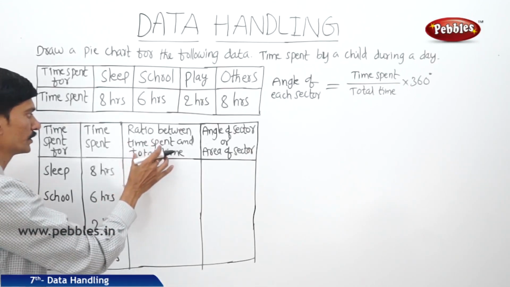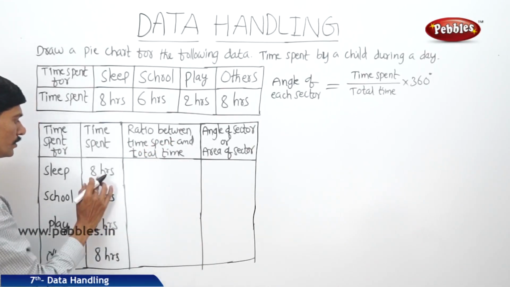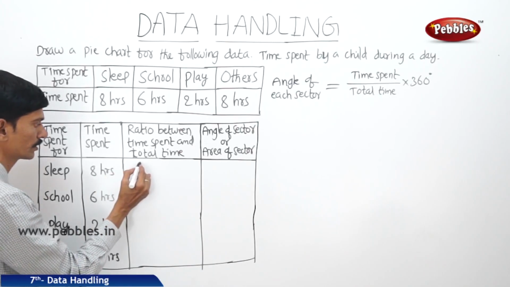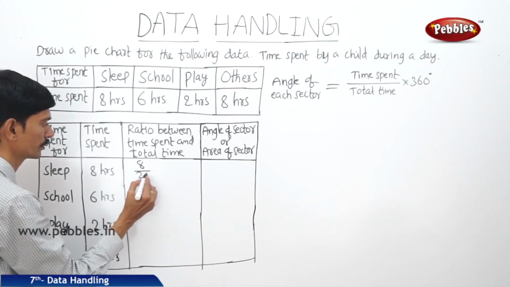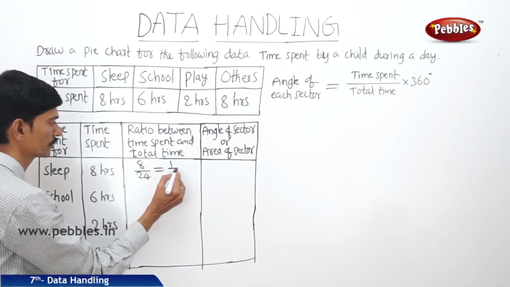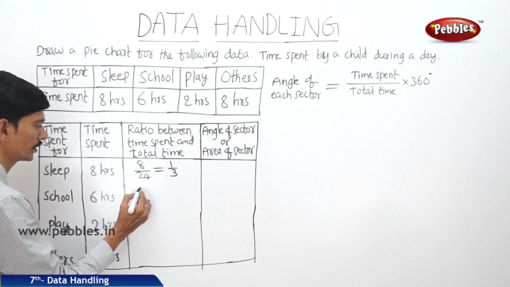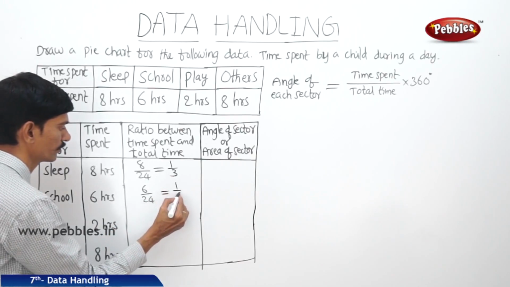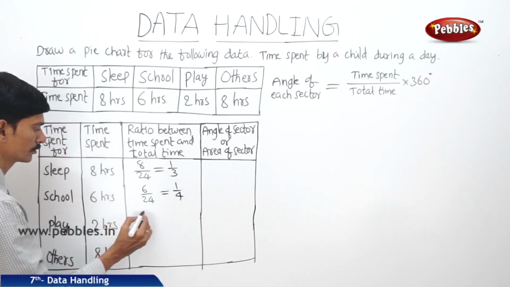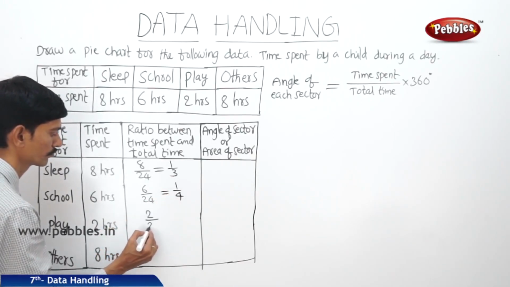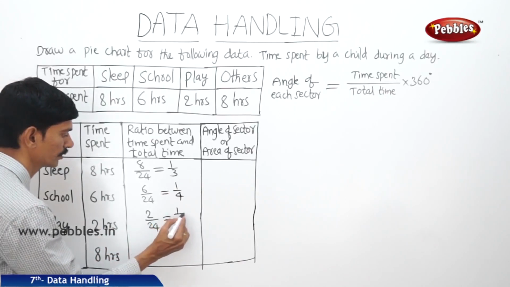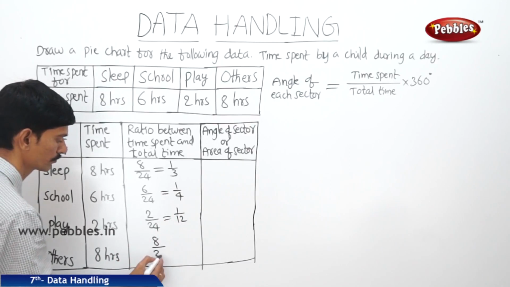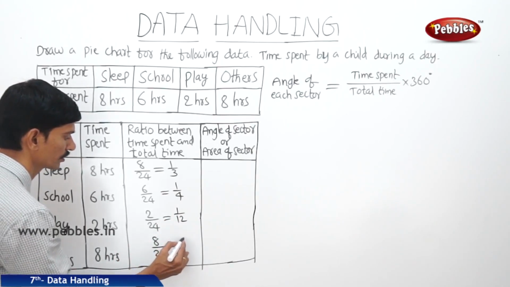Now the ratio between the time spent and the total time. The total time available in a day is 24. So 8 by 24 equals 1/3, then 6 by 24 equals 1/4, and 2 by 24 equals 1/12, and 8 by 24 equals 1/3.